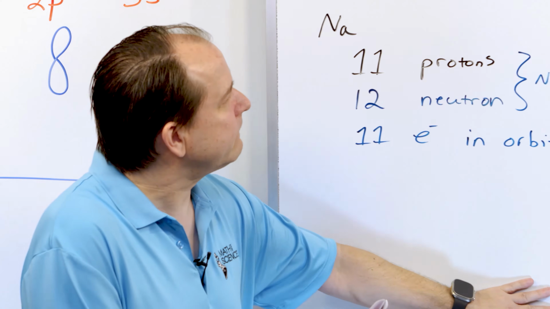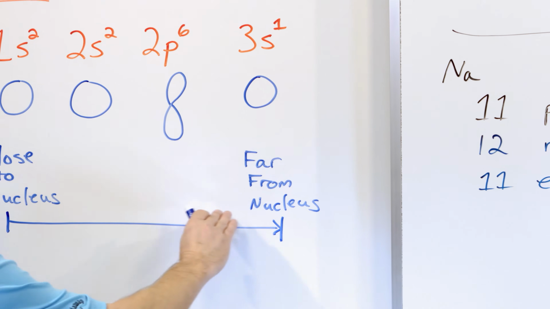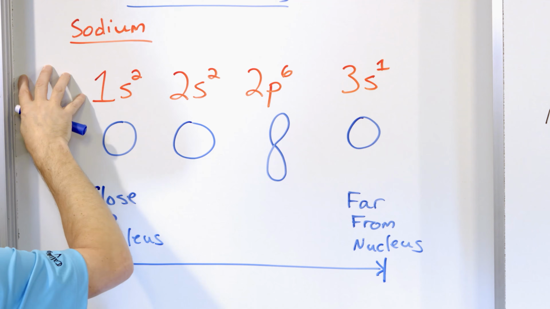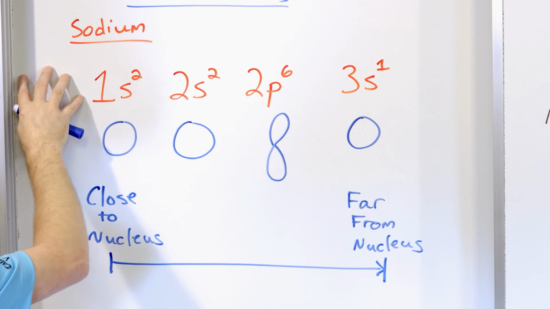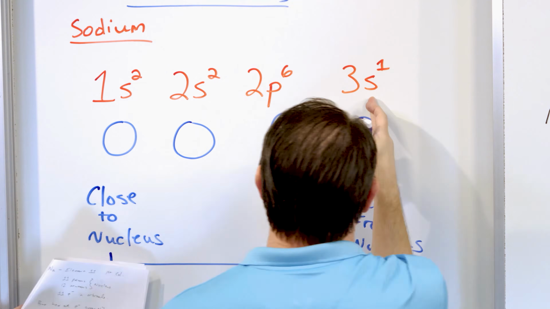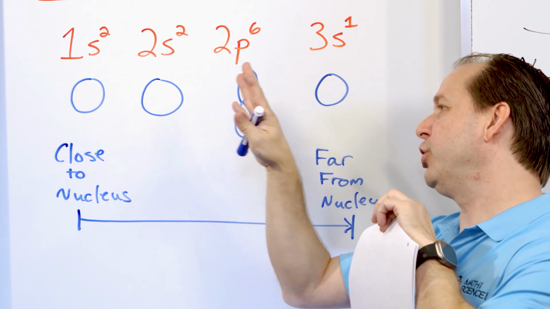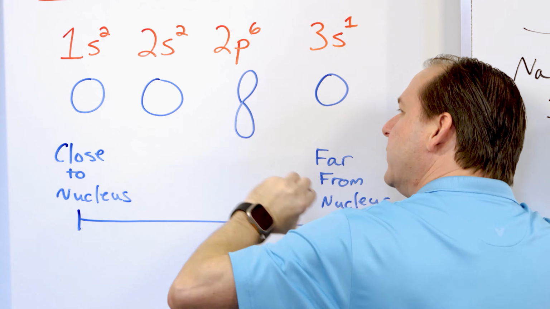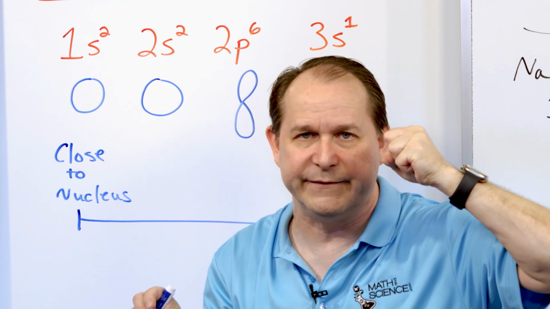Okay? So this one's far away. But notice, let's say the atomic nucleus is right here. Let's say the nucleus is over here, and then these electrons are farther and farther and farther, and we have a single electron way over here. So you're way out like by Pluto, and you're looking way down, way in the middle, way over there somewhere is the nucleus. The nucleus is very small and positive.